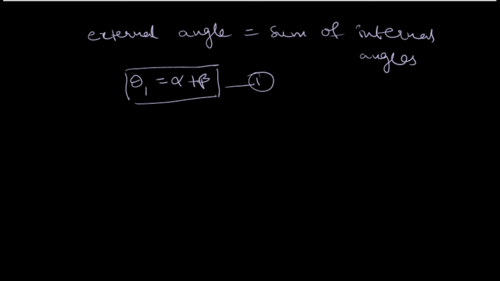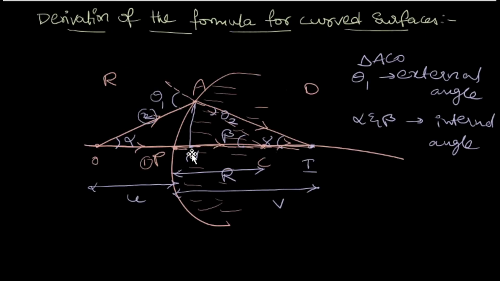And from triangle ACI, here the external angle is beta and the internal angles are theta 2 and gamma.